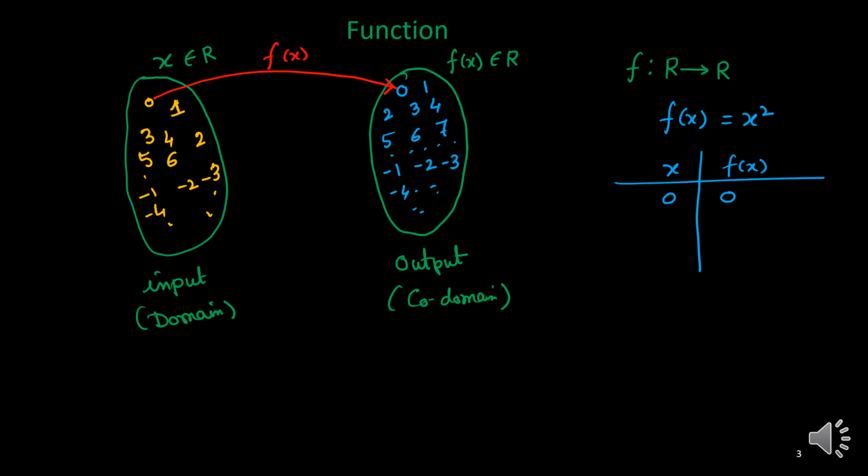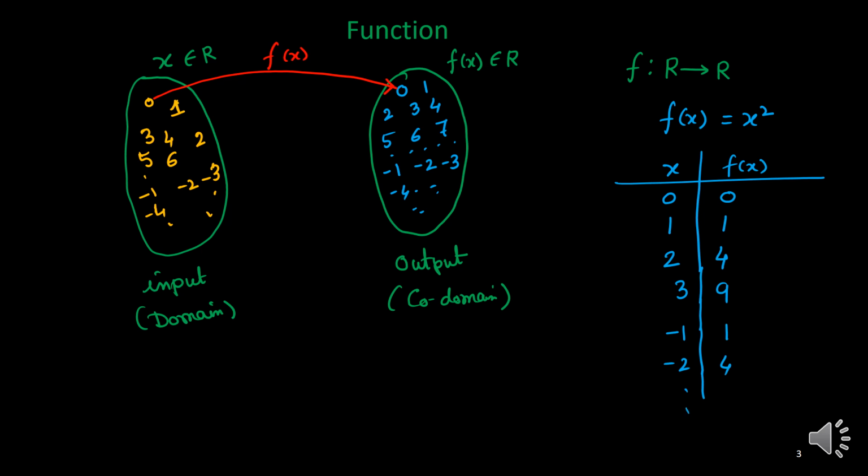Again, if I choose another point, this is 1, 1 squared is 1. If I choose 2, 2 squared is 4, 3 squared is 9, like that. Similarly for -1 it is 1, for -2 it is 4.